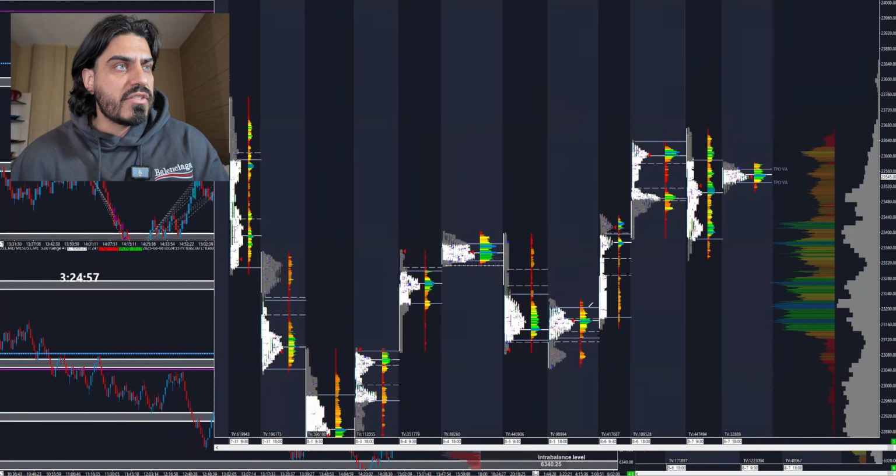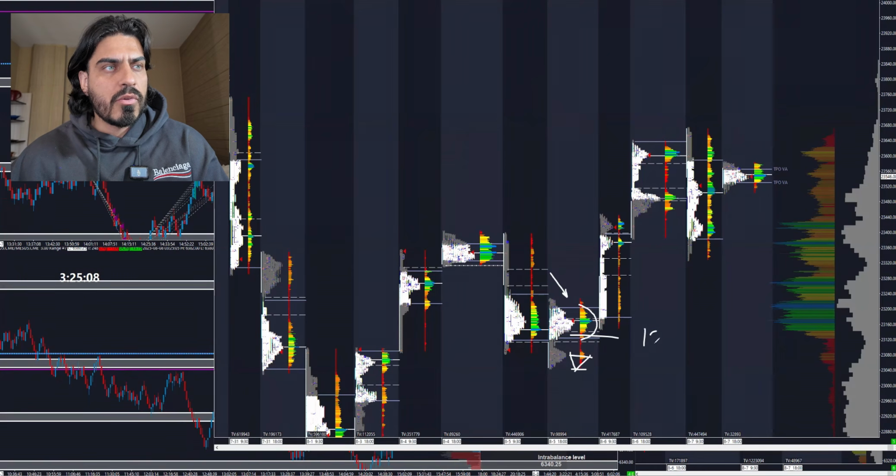So even if I look at this session here on the overnight, the general thought process is, okay, well, we've left behind an excess to the downside where we've created a balance over here between approximately 130 and the top band is approximately, we can say, 230, right?